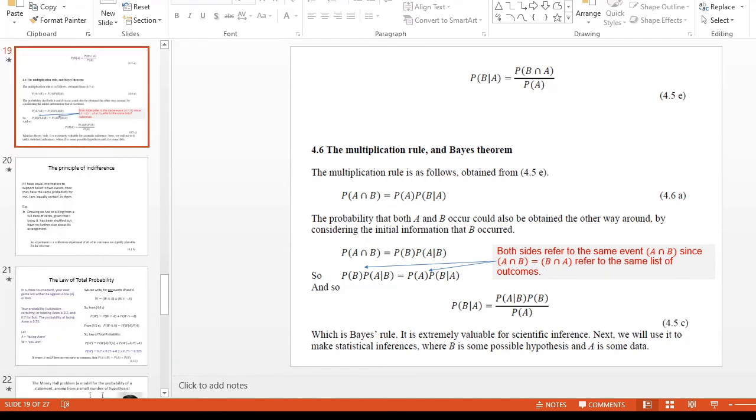So, in the next part, we will learn how to draw general purpose inferences using probability theory and Bayes' rule, equation 4.6c, and we'll start the next part by talking about the tools which you need to do that, which are the principle of indifference and the law of total probability, in addition to Bayes' rule. And once you have those, you have the comprehensive set of tools needed to do Bayesian inference. And so we'll look then at a particular example of how you do that. Good.